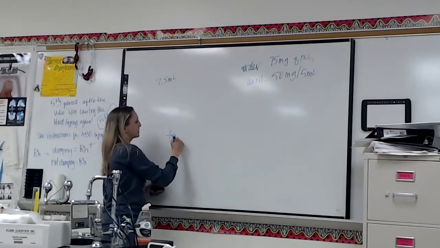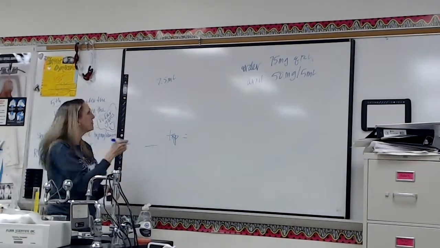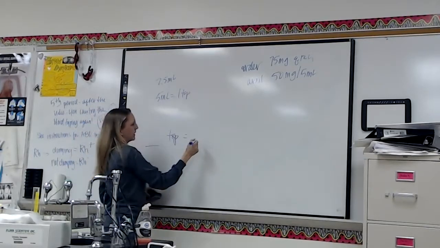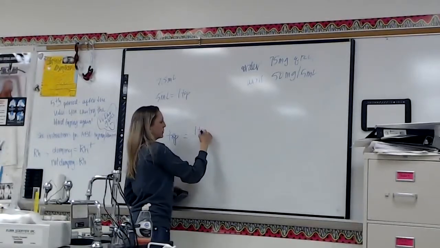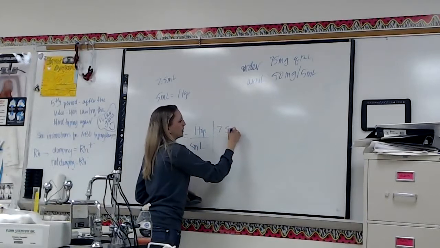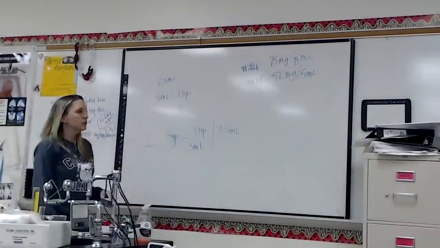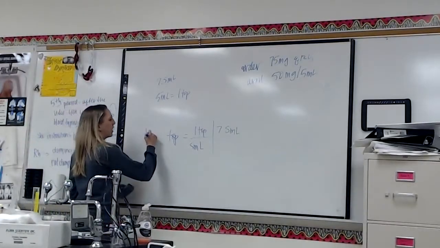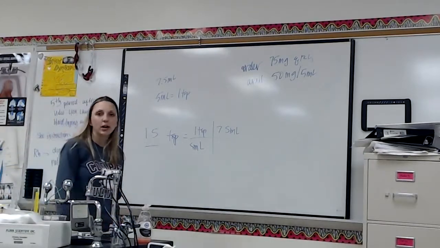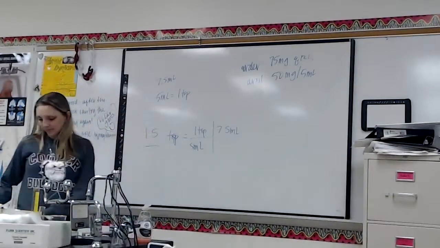If I want it in teaspoons, I know that 5 milliliters equals 1 teaspoon. 1 teaspoon is 5 milliliters, and we have 7.5 milliliters. So you divide that out, you're going to get 1.5. So 1.5 teaspoons would be that subsequent dose in household measurements.